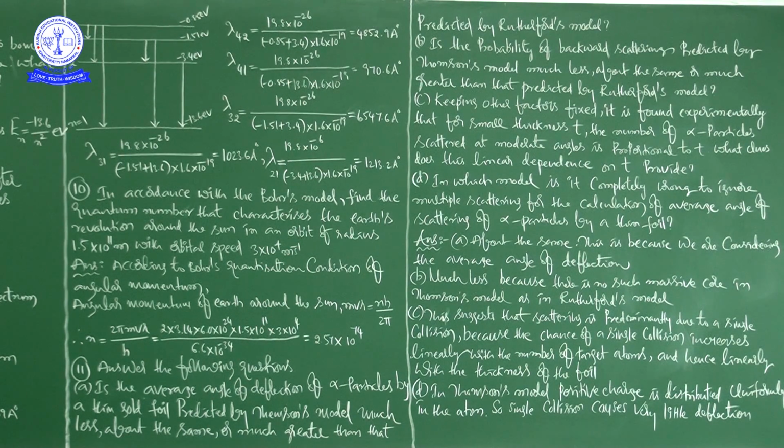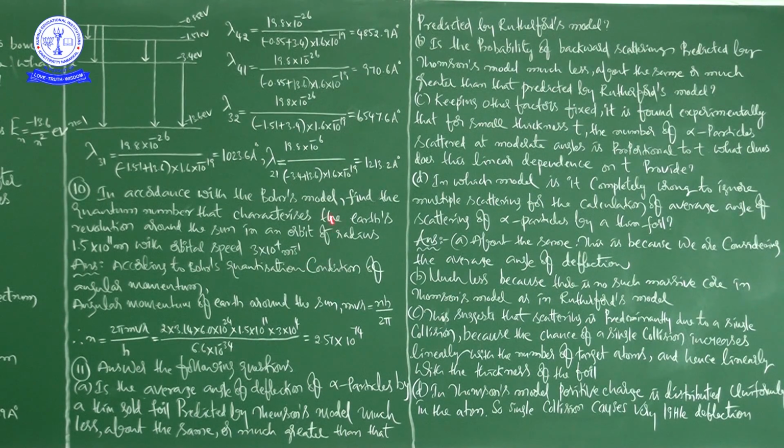Try to understand the question. In accordance with the Bohr's model, find the quantum number that characterizes the Earth's revolution around the Sun in an orbit of radius 1.5 into 10 to the power of 11 meters with orbital speed 3 into 10 to the power of 4 meters per second.